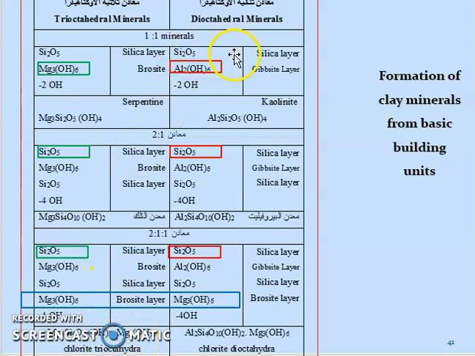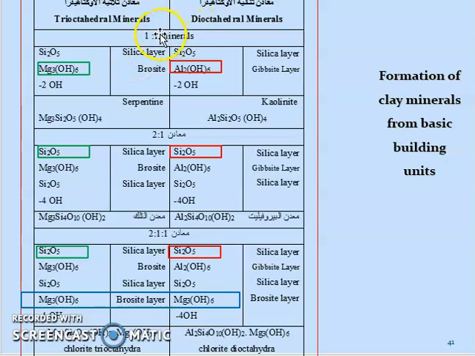So, summarizing: this table is a very important table because it summarizes how clay minerals are formed from the basic building units. I want you to know that the building units of clay minerals are the silicate layer, gibbsite layer, and brucite layer.